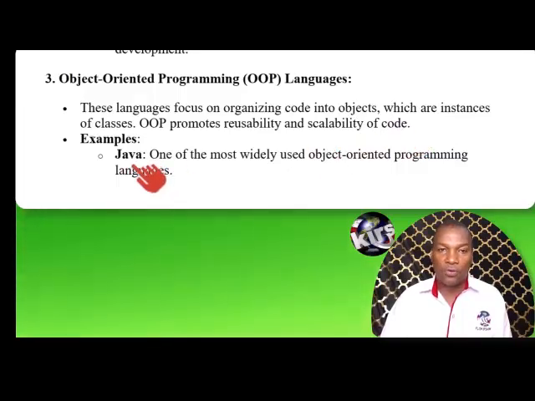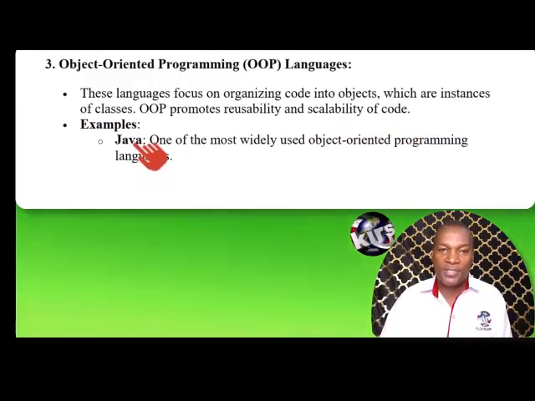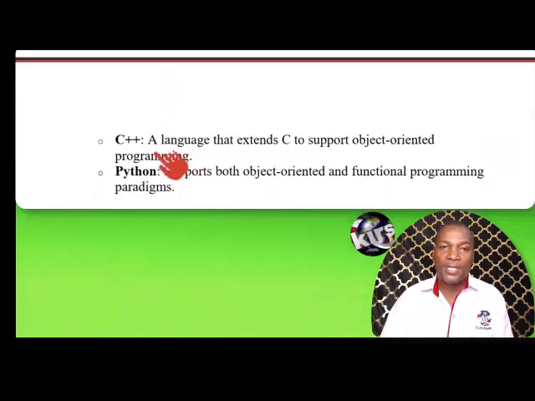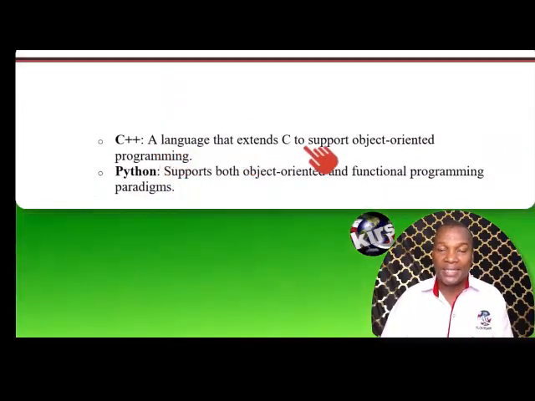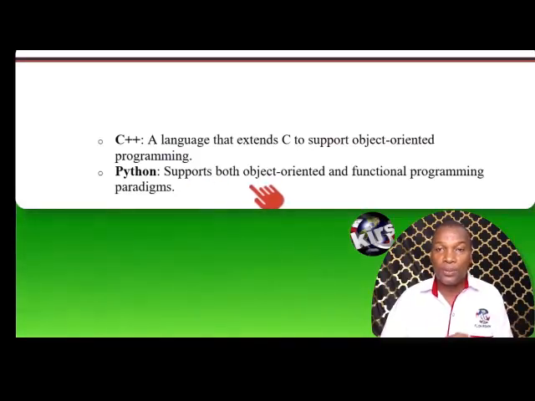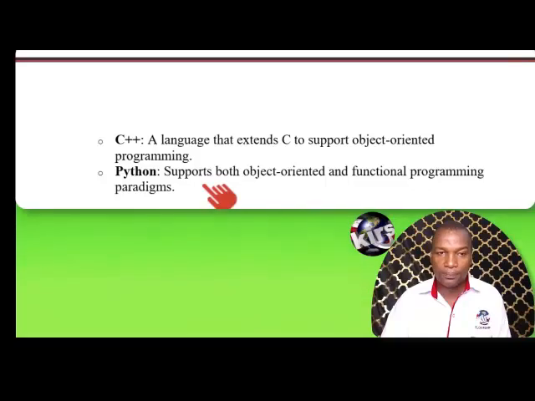We have examples of these languages. We have Java, one of the most widely used object-oriented programming languages. Then the other example we have is C++, a language that extends C to support object-oriented programming. We also have Python, which supports both object-oriented and functional programming paradigms.